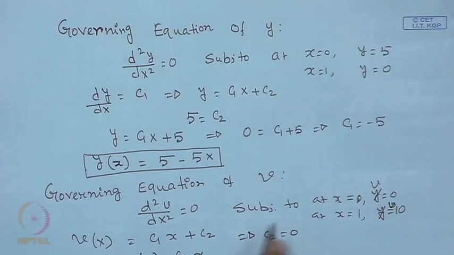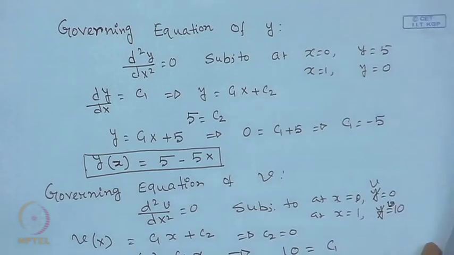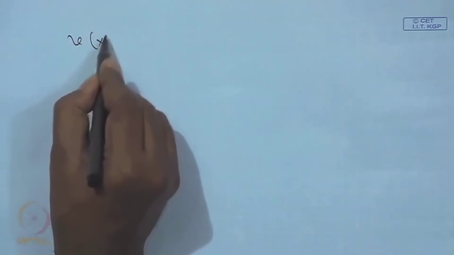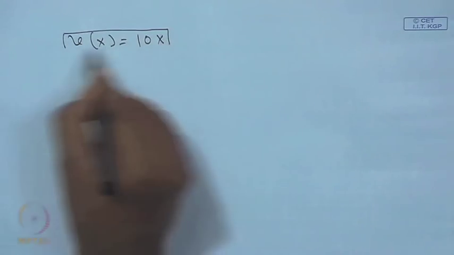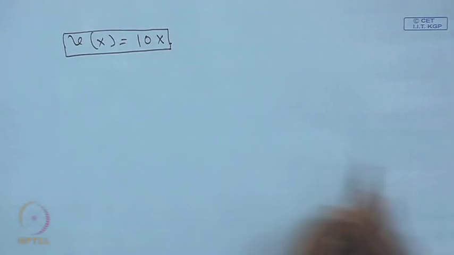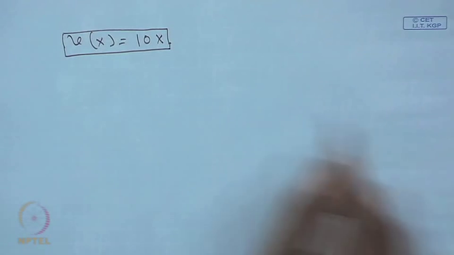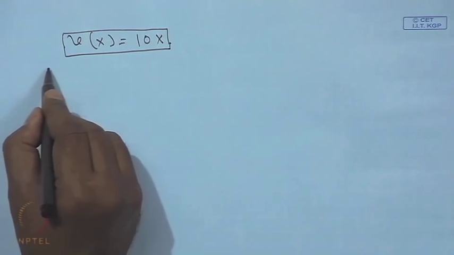That has to be satisfied by the other boundary condition, that at x is equal to 1, v is equal to 10. So, 10 is equal to c1. So, we can construct the solution of v now. So, v of x will be nothing but 10x. So, that is the solution of subproblem v. Next, we talk about the subproblem of w.